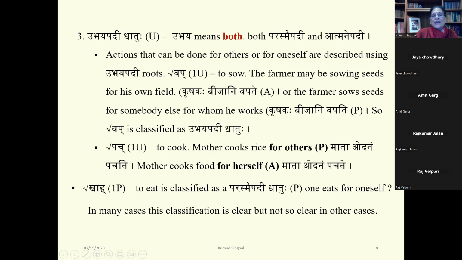So, for example, the dhatu khad, it is listed as a parasmaipadi dhatu, but one eats for oneself or for others, so it's not that clear. So in many cases, this classification is clear, but not so clear in other cases.